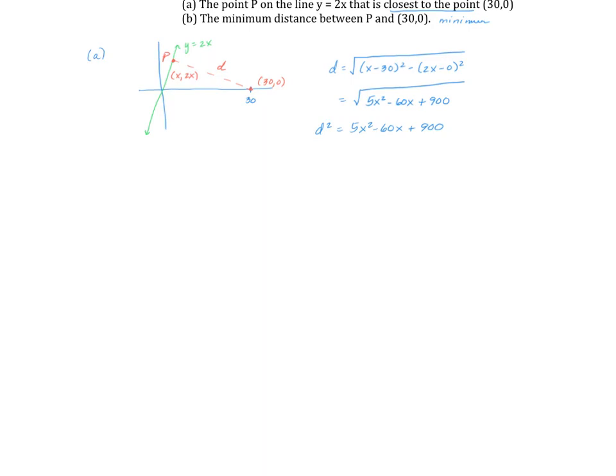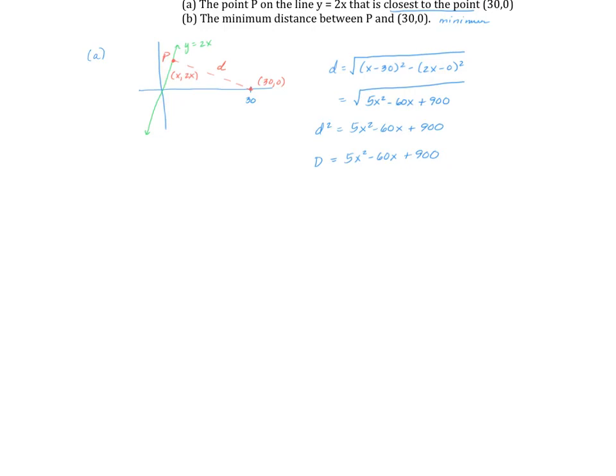But I don't want to take the derivative of d squared, so I am going to substitute maybe a capital D. And I'm going to call this function capital D. So this is going to be my objective function that I want to minimize.